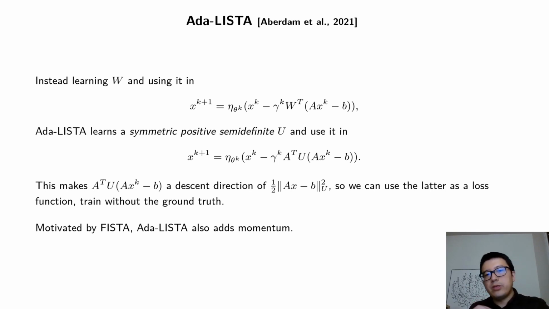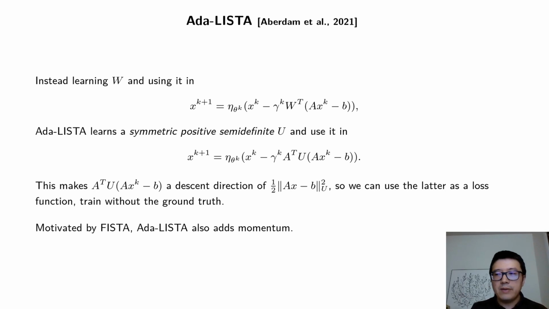Now, this important change makes this term, in particular, correspond to a descent direction, and the whole iteration correspond to a certain Lyapunov function, which can govern the convergence of this algorithm. And also, because there is a Lyapunov function, you can now train without bothering to first generate the true signal.